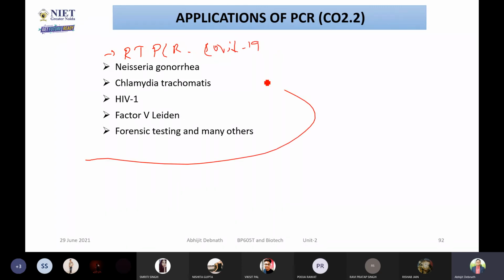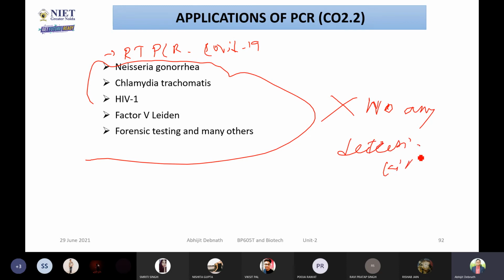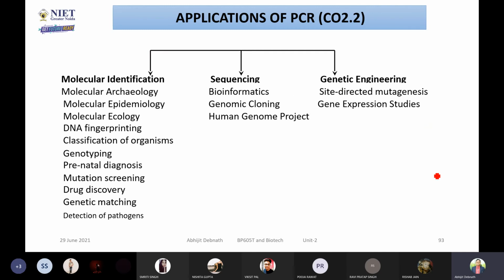There are lots of diseases for which, as of now, there is no detection kit. So you can also make some RT-PCR based kit for such diseases. These are the applications.